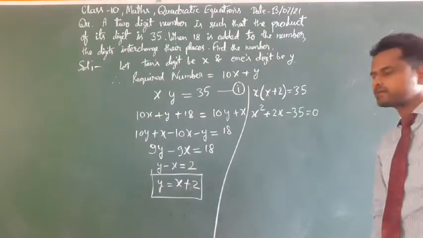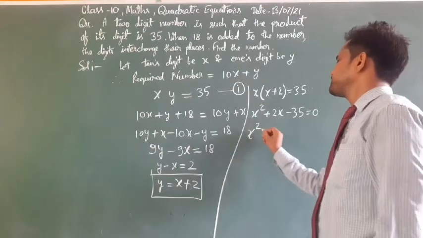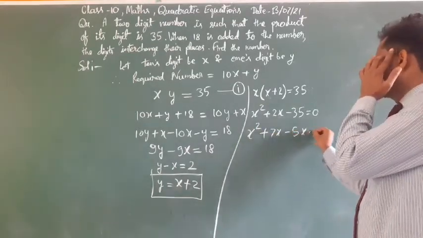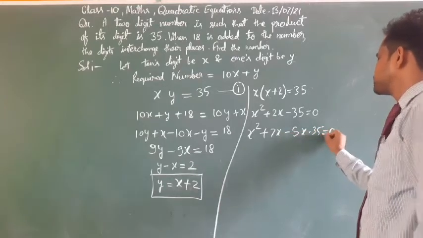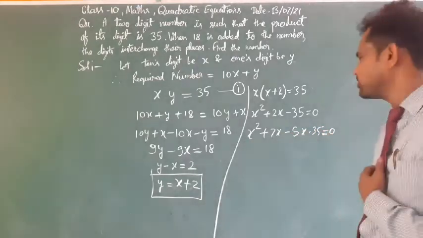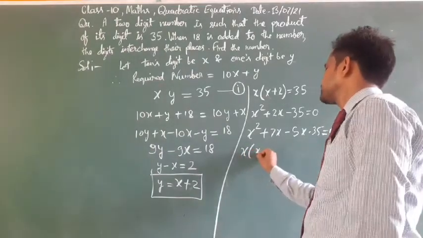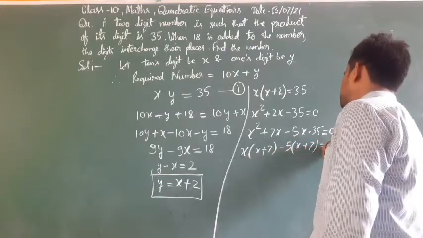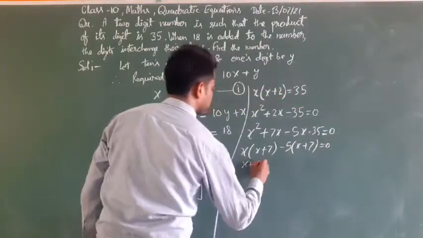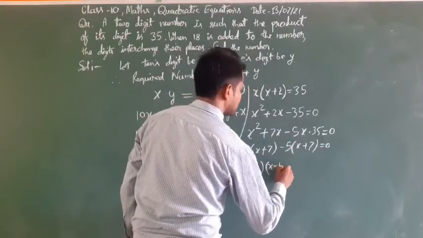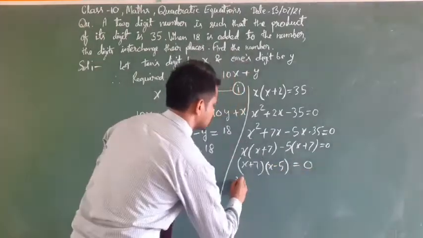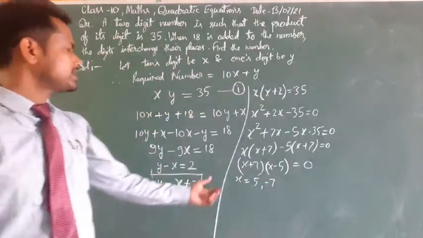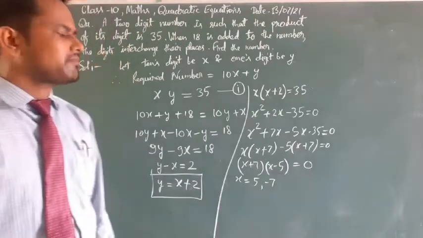Use the middle term splitting method: the middle term can be 7x minus 5x, minus 35 is equal to 0. Take x as common, then (x plus 7) in one bracket and (x minus 5) in other bracket is equal to 0. So x is equal to 5 or minus 7.